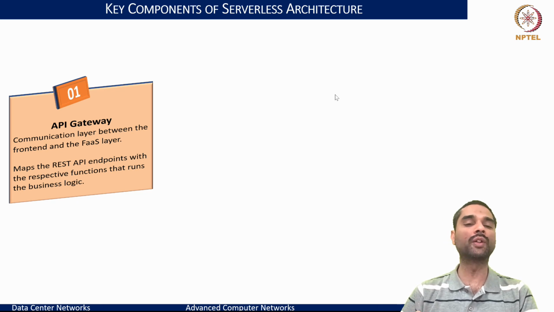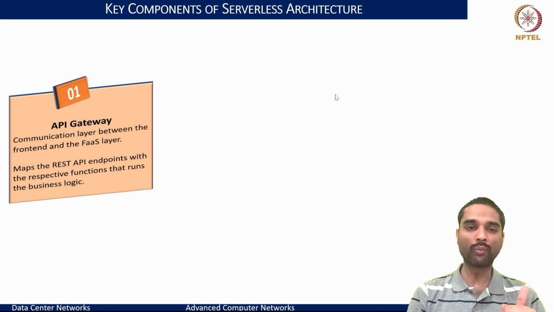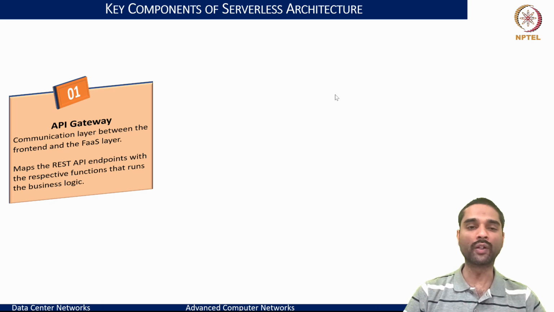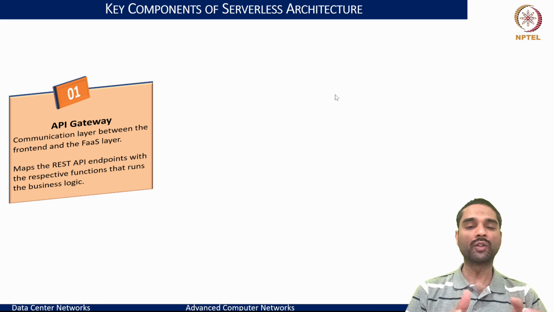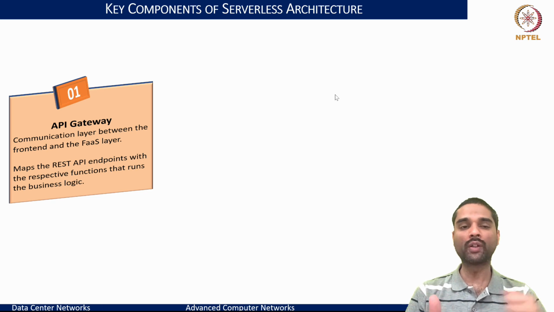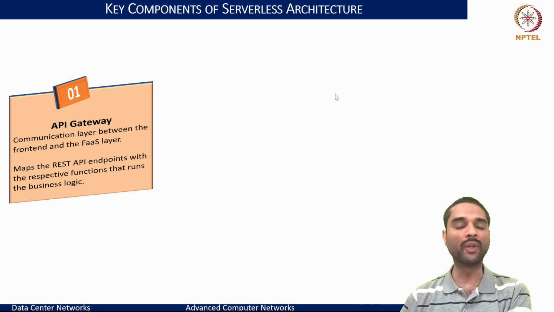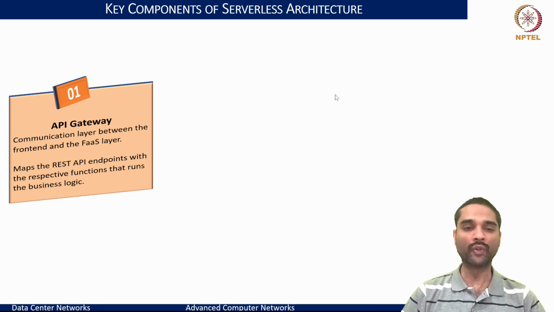And that is done by having one entity, which we call a gateway, as the always-on component, which acts as a communication layer between the front end and the function service. Any of the requests can come to this always-on component. So I can have n number of microservices behind this API gateway, which would be invoked by the gateway as and when it receives the request.